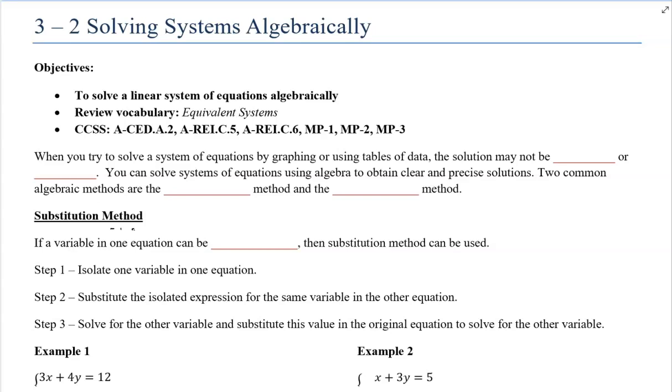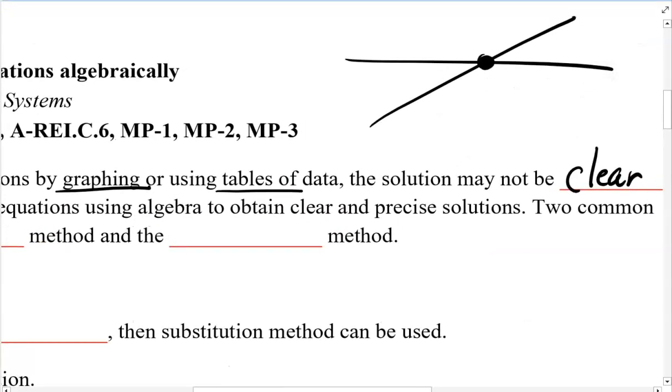Generally speaking, when you try to solve a system of equations using a graph or tables of data, the solution to the system may not be clear or even precise. There's an issue with graphing when we're looking for a point of intersection. This coordinate itself may not be perfectly on display and it may not land on a lattice point.